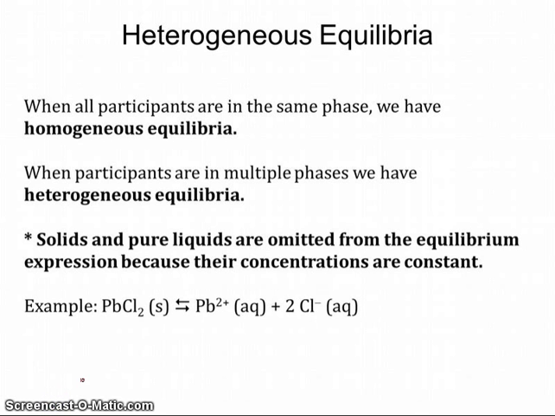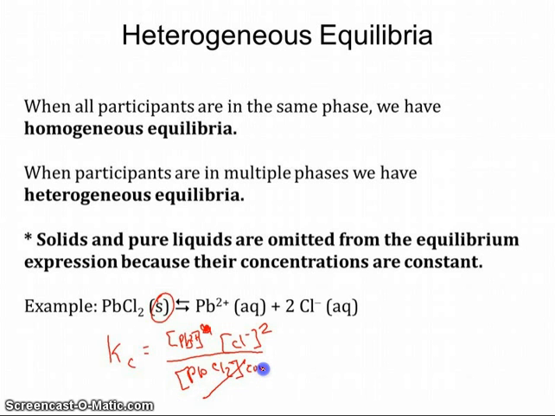So, for example, when I have PbCl2 solid going to Pb2+ aqueous, 2Cl- aqueous, essentially because this is a pure solid, it's going to be constant. So Kc for this reaction would be products over reactants, concentration of Pb2+ times concentration of Cl- aqueous squared. Sorry, your 2+ should be inside here. My bad. And that would be divided by PbCl2. But the concentration of PbCl2 in PbCl2 is a constant.